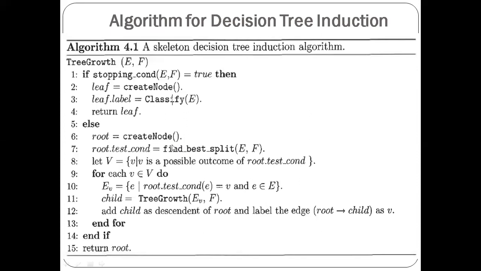For that we are calling find best split, and we are passing the attributes as E and F. This function find best split is going to determine which attribute we must choose as the splitting attribute, or the test condition for splitting the training records. In order to decide the best attribute, we can use impurity measures like entropy, Gini index, and classification error.